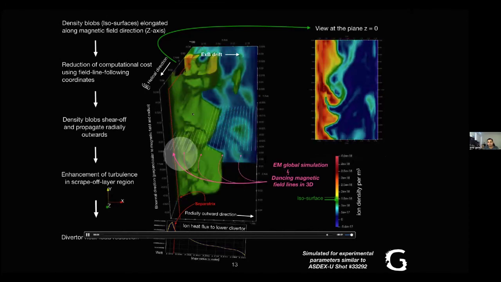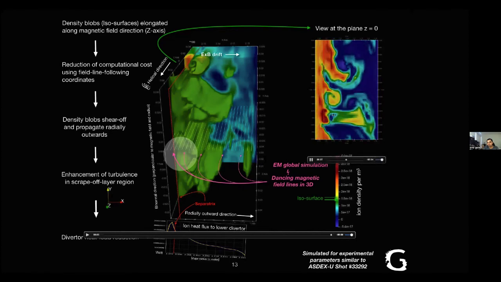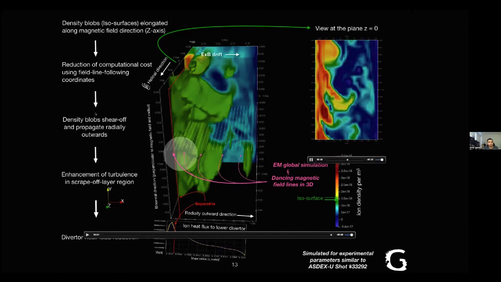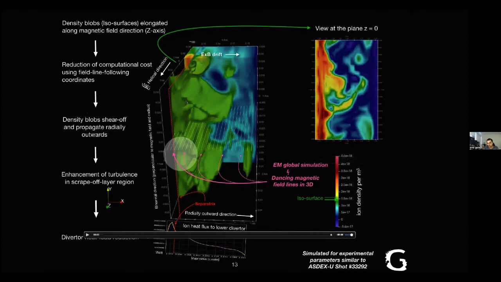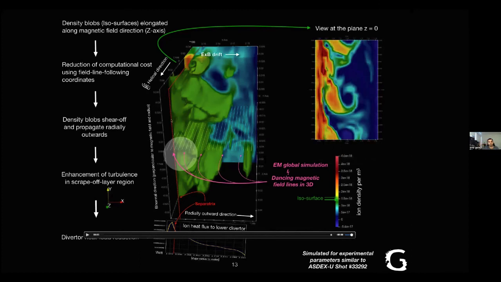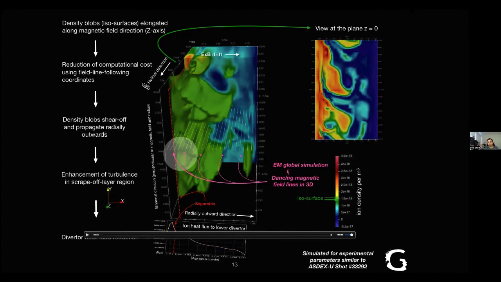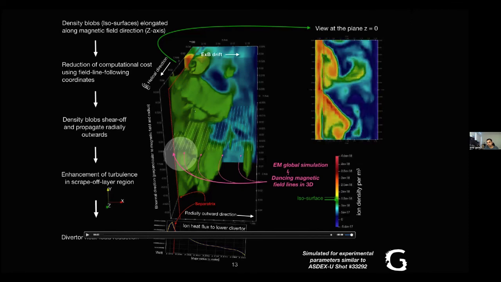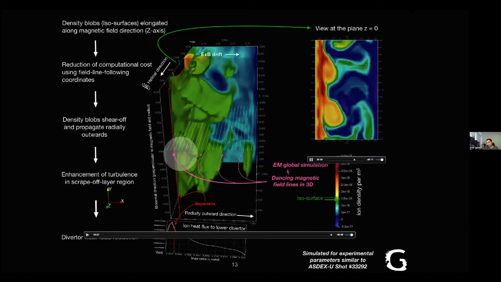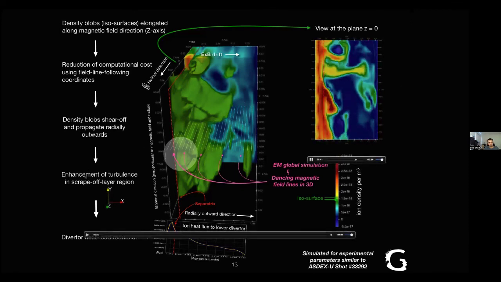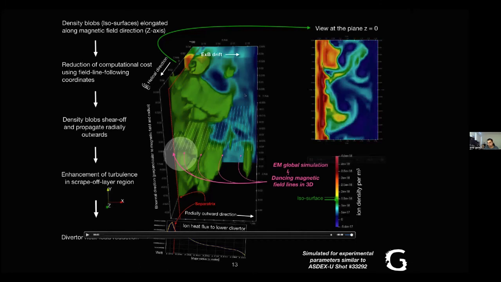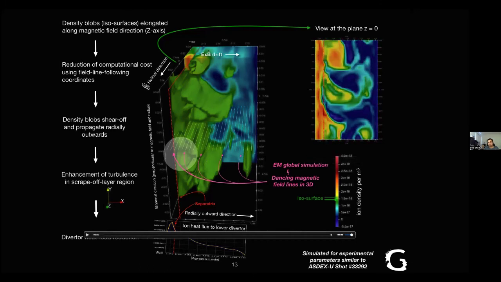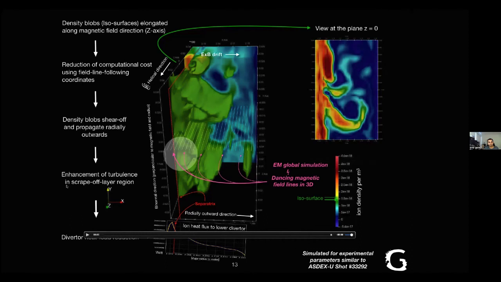You can see the density blobs coming out from here; they shear off and propagate radially outward. This enhances the turbulence in the scrape-off layer region, which is what this is technically called.